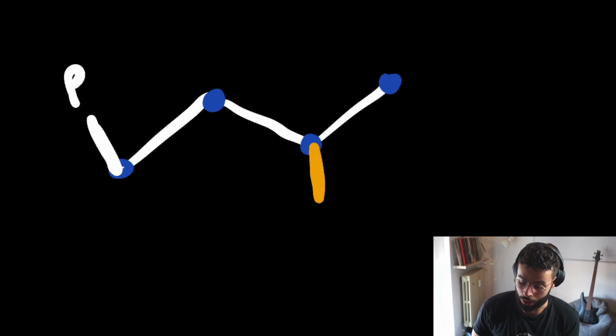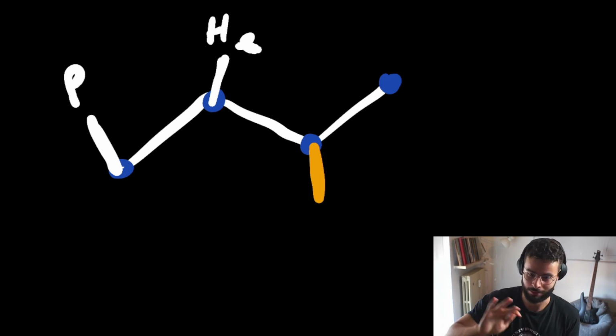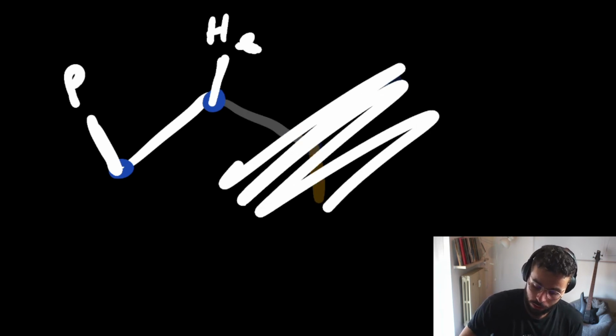If I want to add helium, for example, which doesn't make sense, but it's only for the sake of example, I would just write helium. Don't take this as an actual organic compound. This is just how you would add different atoms that are not carbon or hydrogen. But what do we do when we have a double bond inside the hydrocarbon?